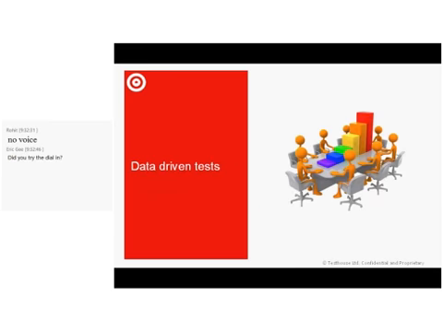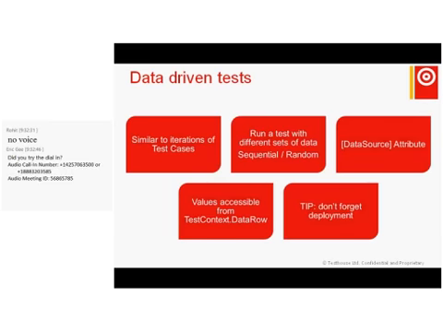So data driving, that's the presentation today. It's similar to iterating a standard test case. We might do data driving because we want to check boundary conditions to make sure that our code works properly for normal values and also for values that are at the edges of the valid range of values.